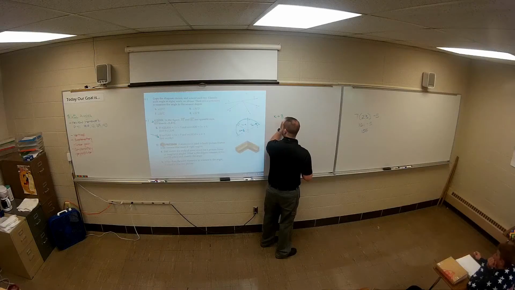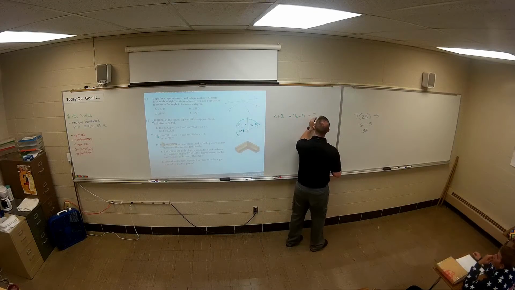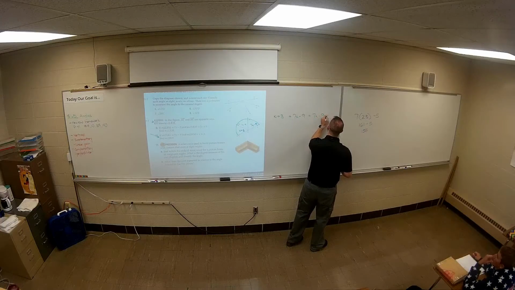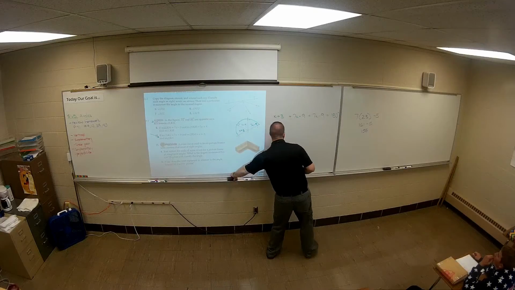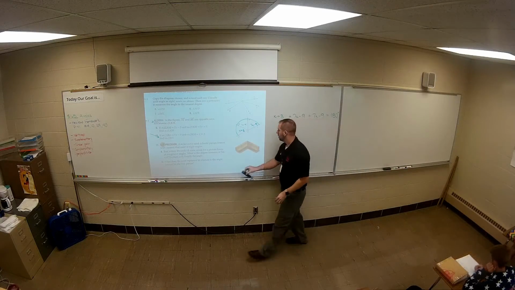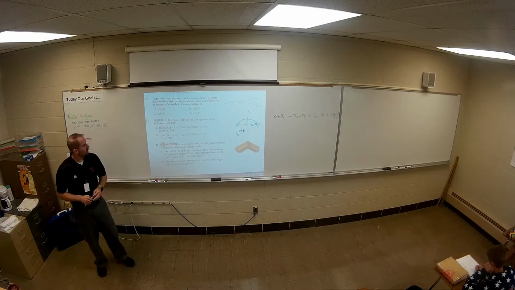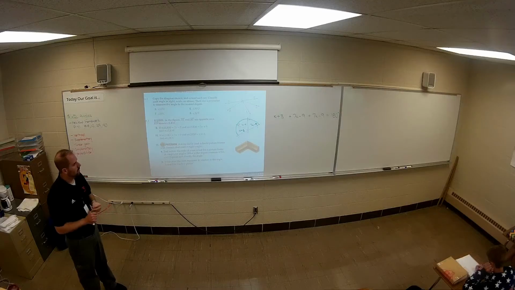You don't set these equal to each other. They're not even the same. They don't tell me that from the picture. So all I can do is add the three angles, set it equal to 180. Once I get x, then I can go back and figure out what they want me to find. I don't even care what they want me to find right now. I just need to figure out what this adds up to be. So x plus 3 plus the 7x minus 9 plus the 7x minus 9 equals 180 degrees.